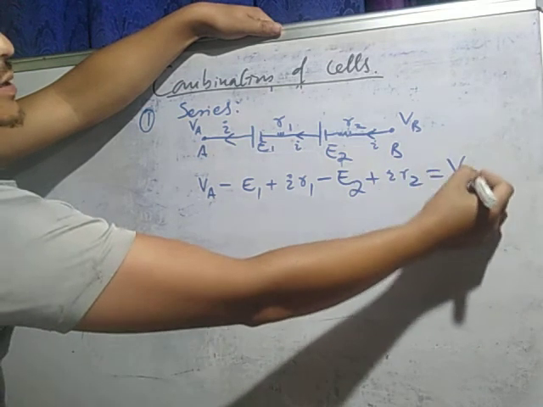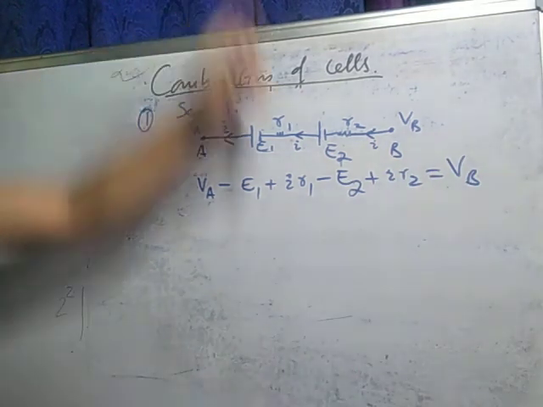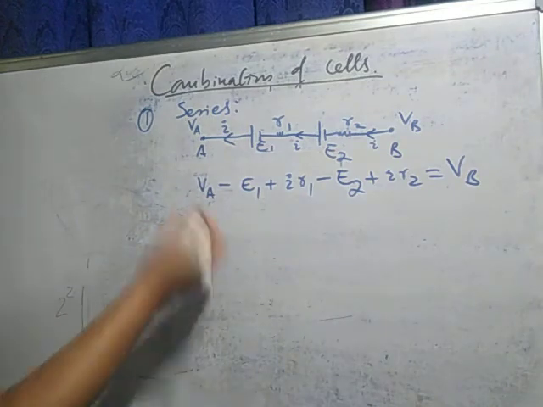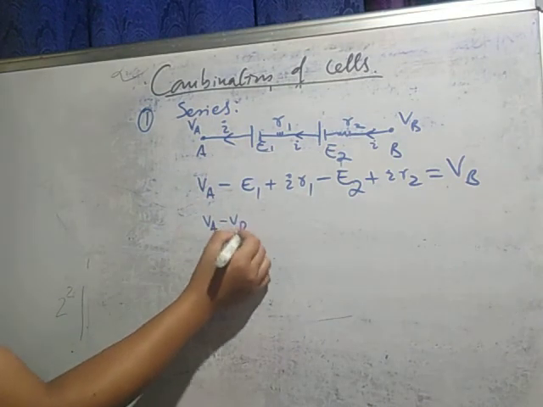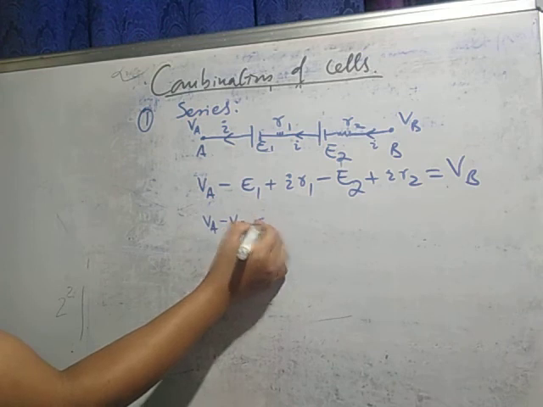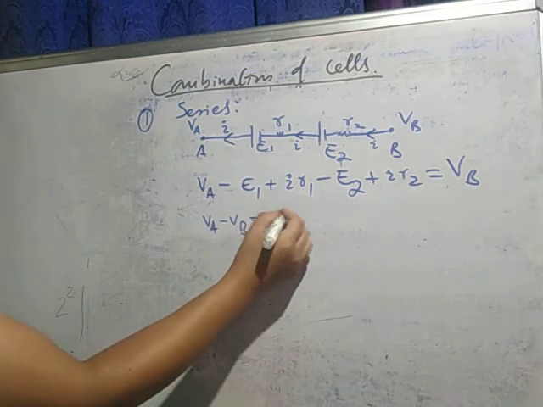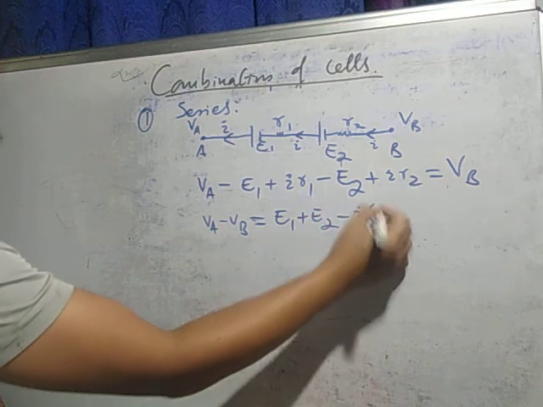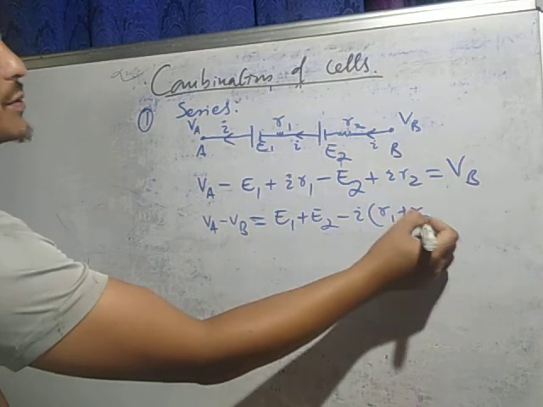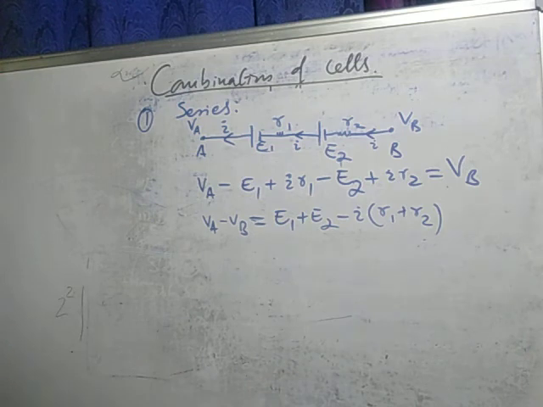You reach the next terminal. So take VA minus VB, and this is E1 plus E2 minus I times R1 plus R2. If you solve this, you'll get this much.